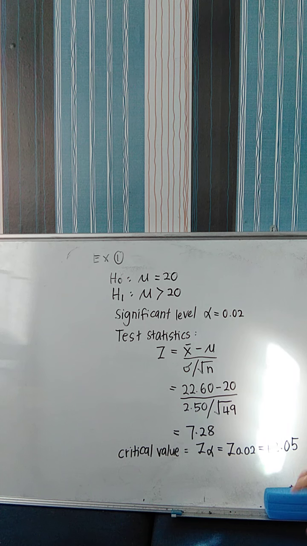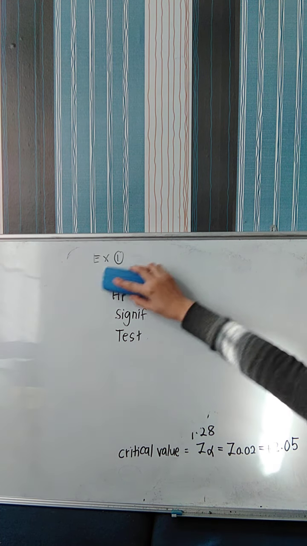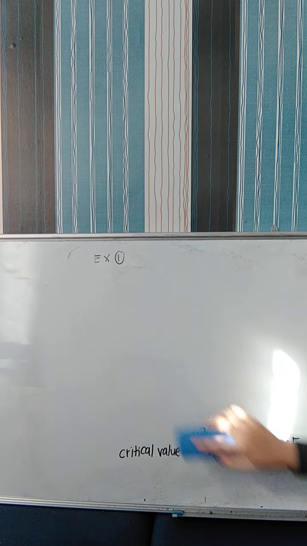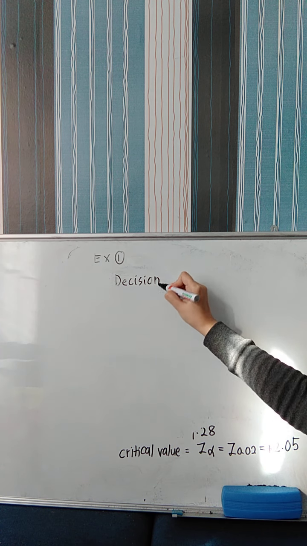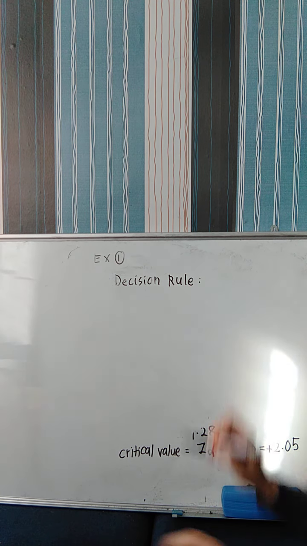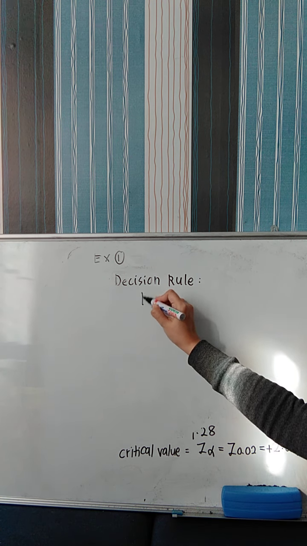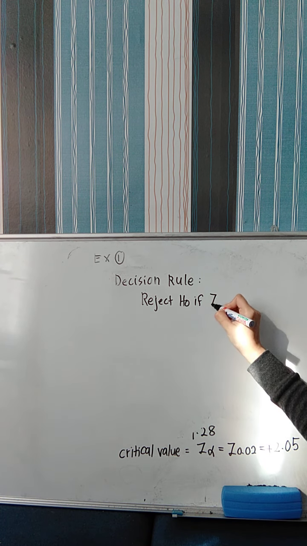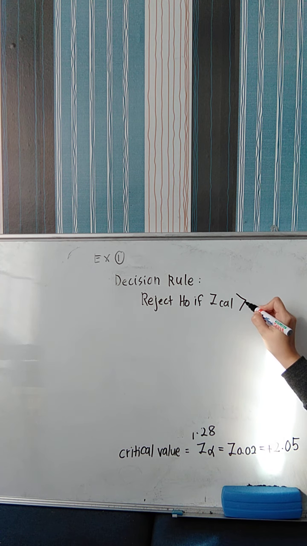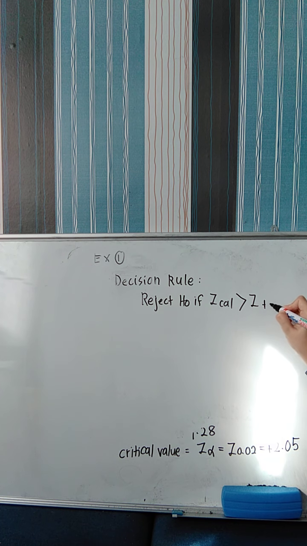Next we continue to the decision rule. What is the decision rule? The decision rule is reject H null if Z calculate is more than Z table. Why more than? Because the H1 is more than.